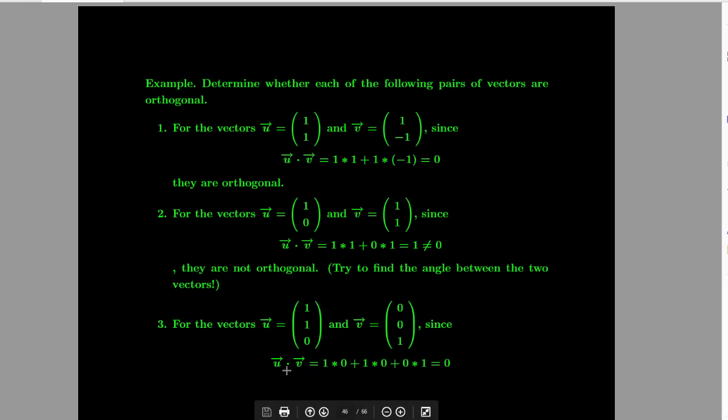In this case, the two vectors are perpendicular, right? I just told you how the dot product is useful. It's useful to compute the angle between two vectors, and in particular, to determine if two vectors are perpendicular, at a right angle, or not.